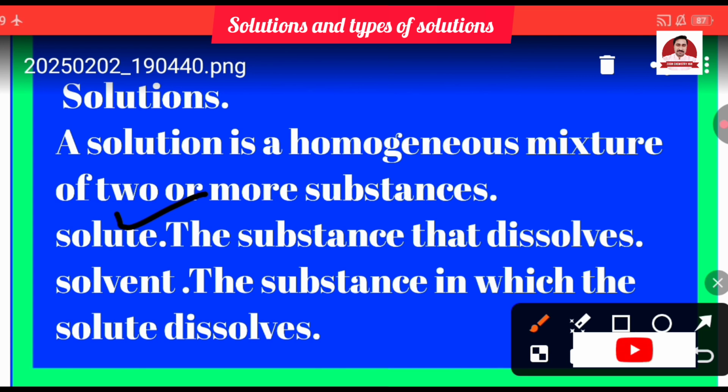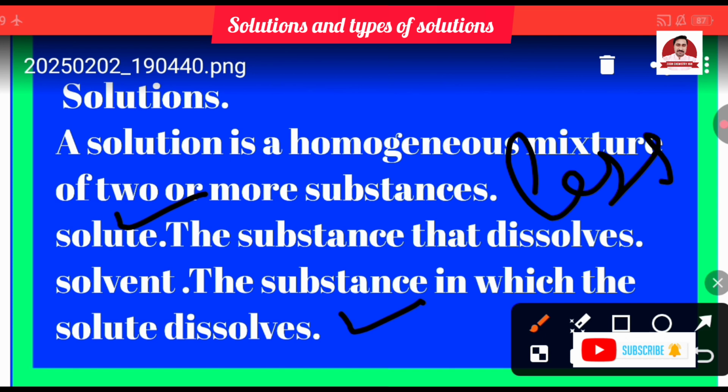And what is a solvent? A solvent is that substance in which the solute can dissolve. Remember that the solute is in a smaller amount while the solvent is in a large amount.